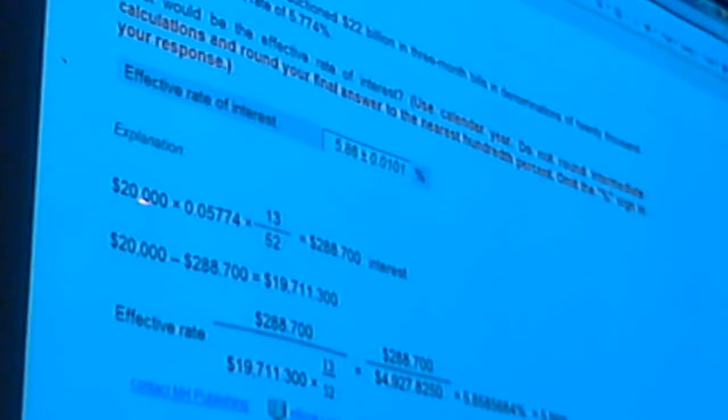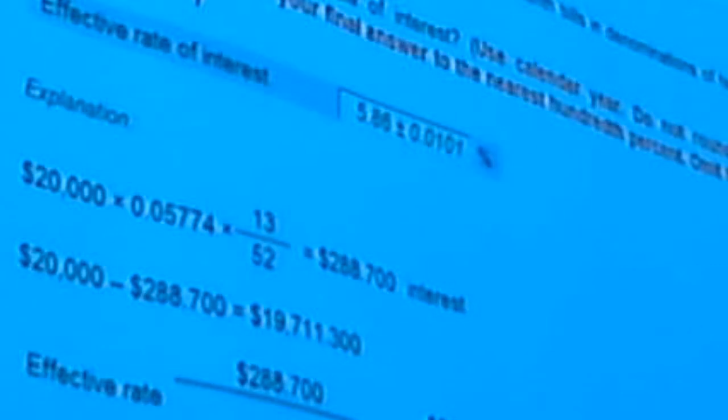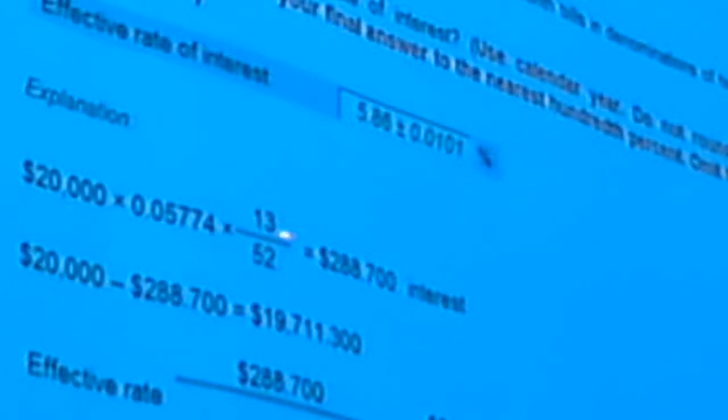Think of it as P though, because here's the formula. P times R times T. Okay? So the face value, what it's worth, is 20,000, P. The rate is 5.774, R. And the time, it says 3 months. They use 13/52. You could also use 3/12 or 1/4 or what? 91/365.